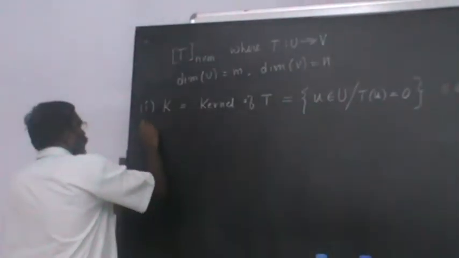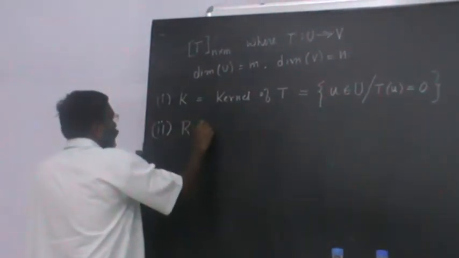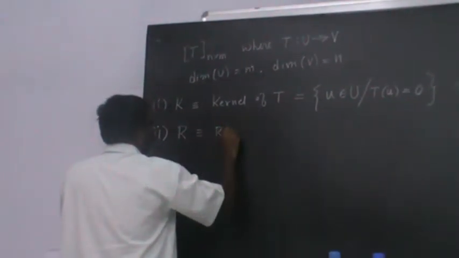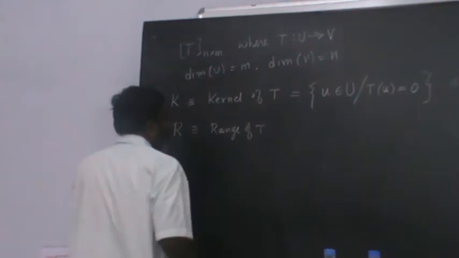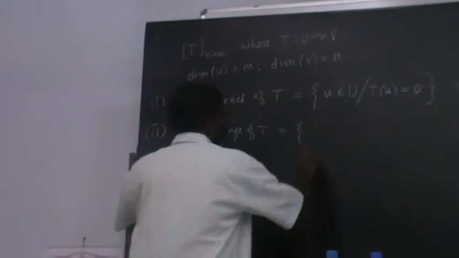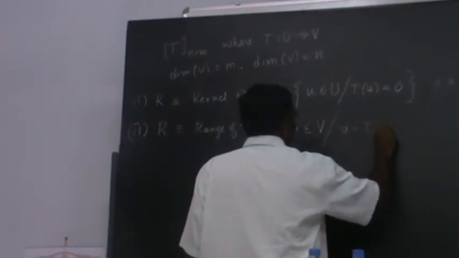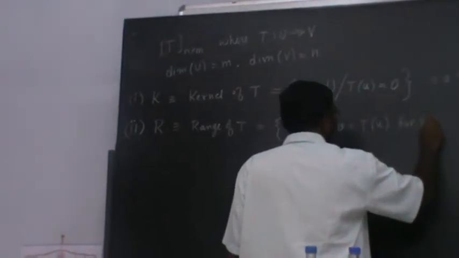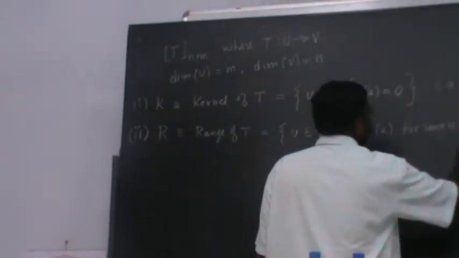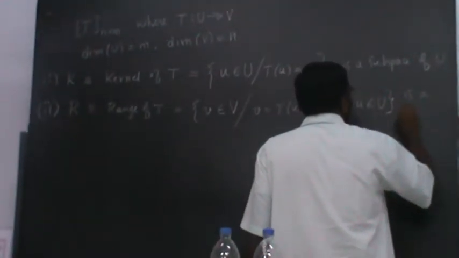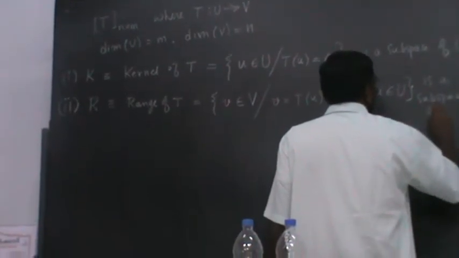And the second vector space that you can define is what is called the range of T, which is equal to the set of all vectors v in V such that v is equal to T of u for some u in U. That means all those elements of V which have a pre-image in U. This is a subspace of V.